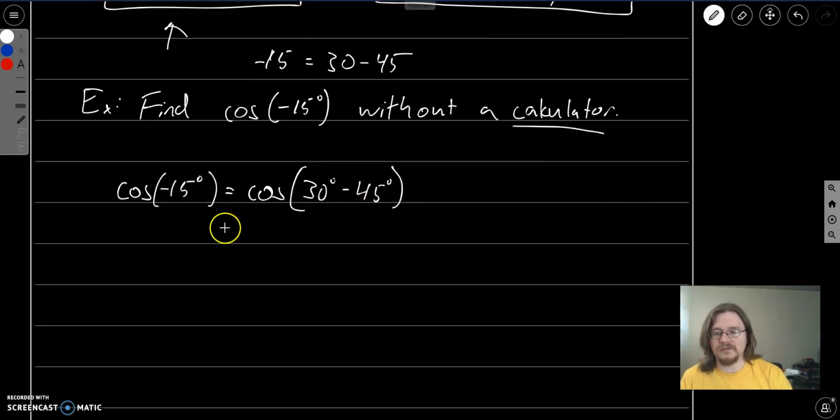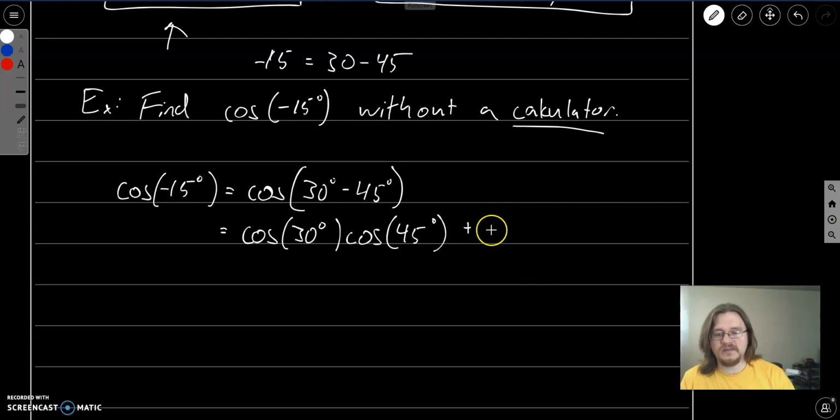And then what I can do is use my identity. So for 30 minus 45, this is going to be the cosine of the first angle times the cosine of the second angle. And if I'm taking a difference of angles in the cosine, it becomes a sum of angles outside.